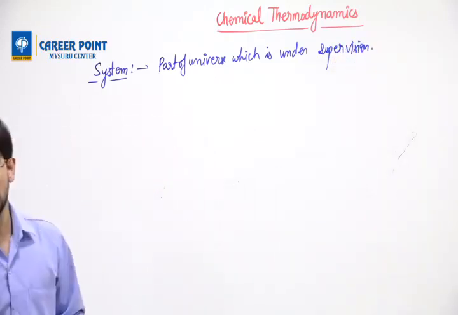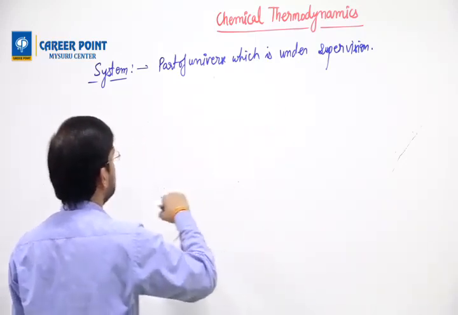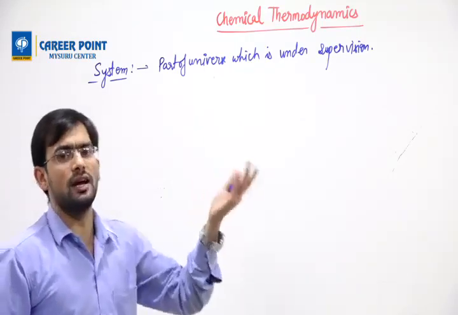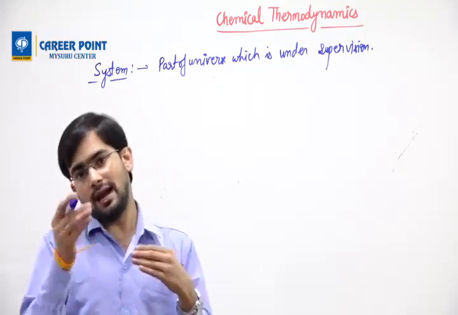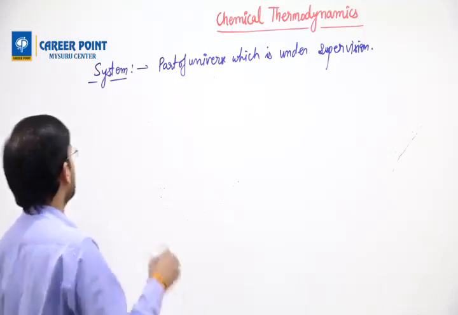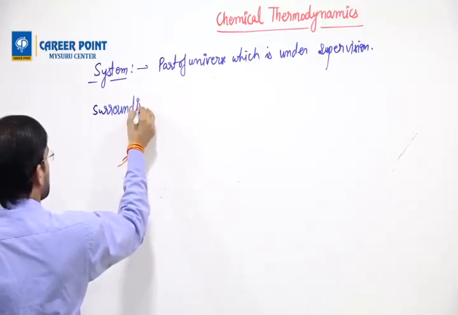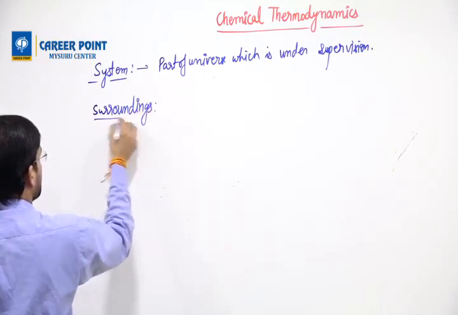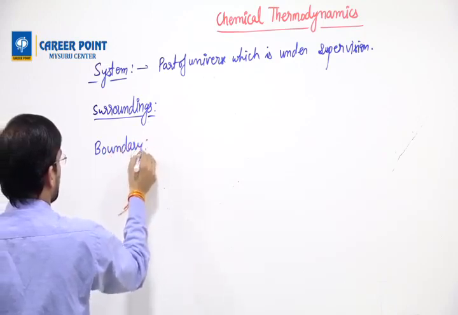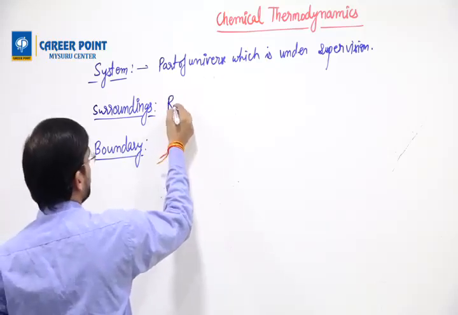The other part of the universe which is not under supervision is known as surrounding. The line which separates system and surrounding is known as boundary. So there are three things: system, surroundings, and boundary.